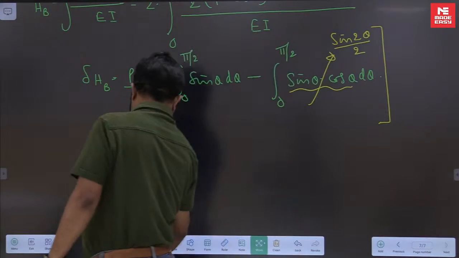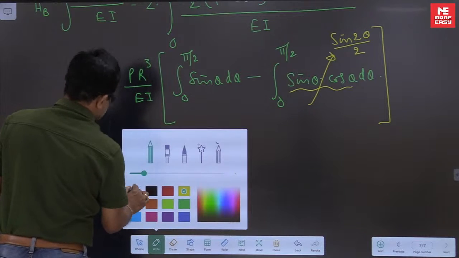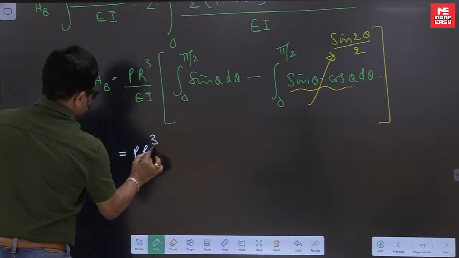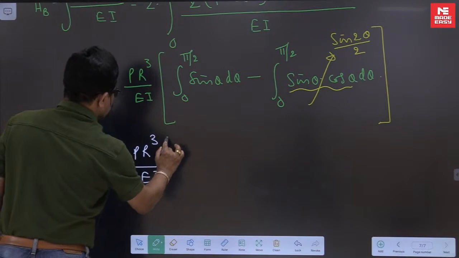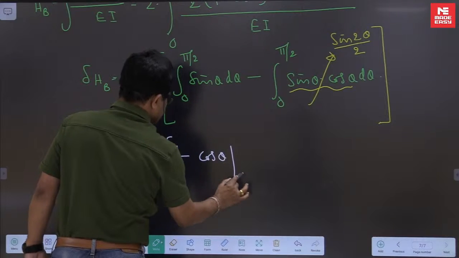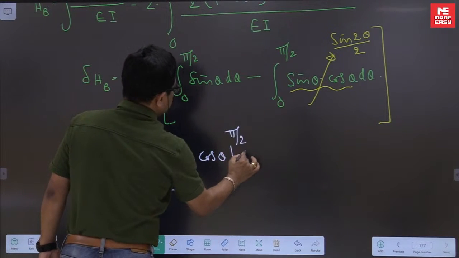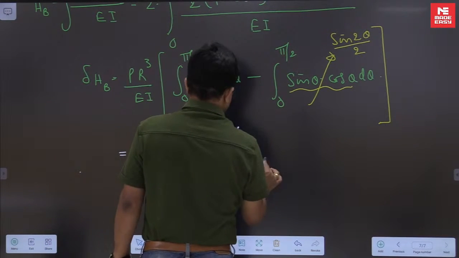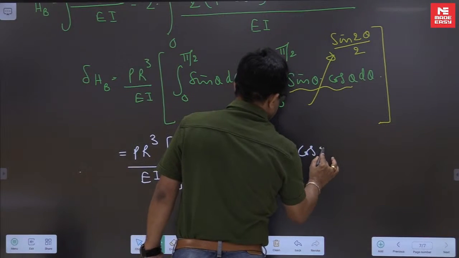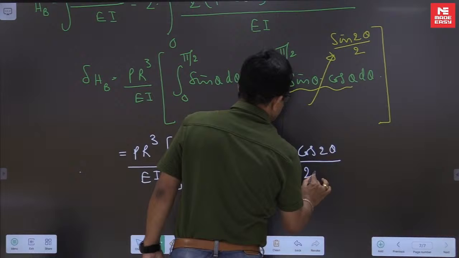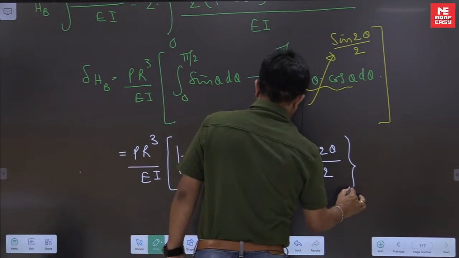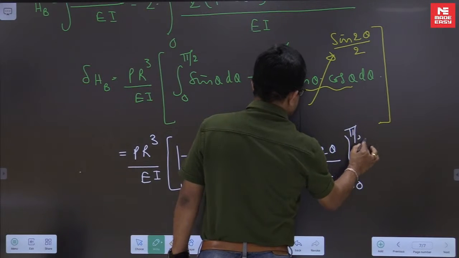So now PR cube by EI, integral of sin theta means minus cos theta, limits 0 to pi by 2, minus, integral of sin 2 theta means minus cos 2 theta by 2, but already 2 is there. Then limits of integration are also 0 to pi by 2.